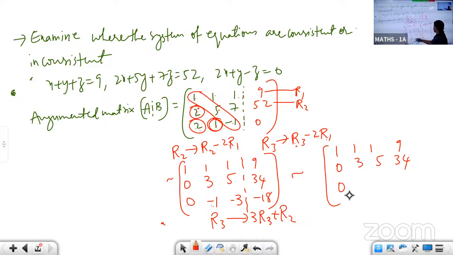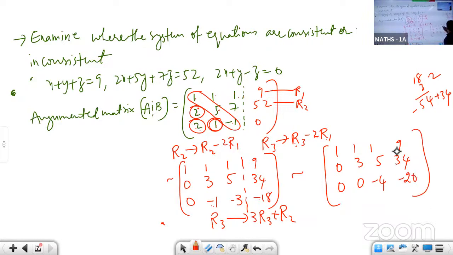Now minus 3 plus 3. Again 0. Next minus 9. You're seeing 3 into minus 3. Minus 9 plus 5. Minus 4. Next. Minus 18 threes are 54. So minus 54 plus 34. What I'm getting is minus 20. See, I made 3 zeros.